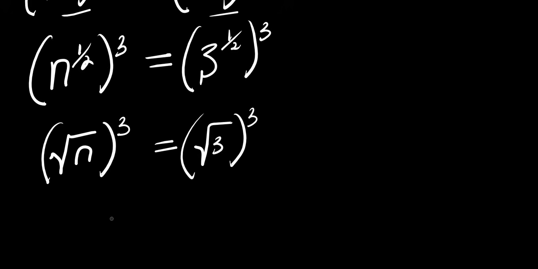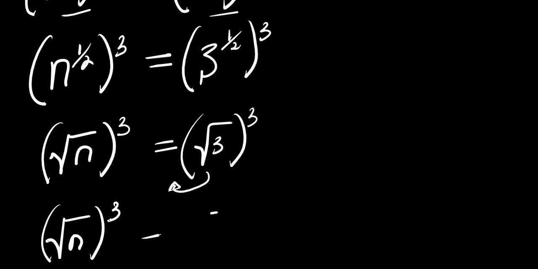So from here, what we need to do is to move this over here. We now have square root of n to the power of 3 minus square root of 3 to the power of 3. This equals 0.